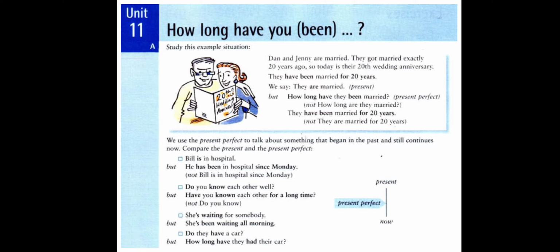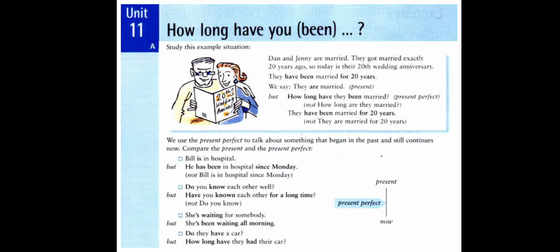We don't say Bill is in hospital since Monday. If you remove since Monday and replace it with now, it becomes Bill is in hospital now. It becomes correct. We speak about a present situation. So when we speak about the action now, at this moment, we use the present.